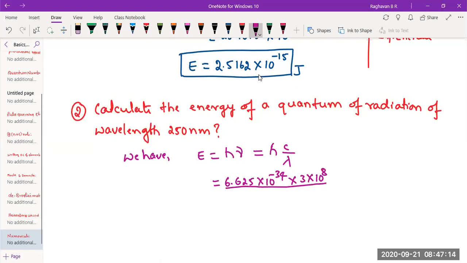Okay. Lambda is 250 nanometer, no? 250 nano. When I say 10 raised to minus 9, you should know the power. Okay. E is equal to 6.625 into 3 divided by 250.